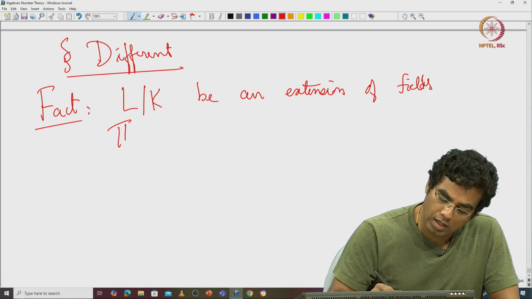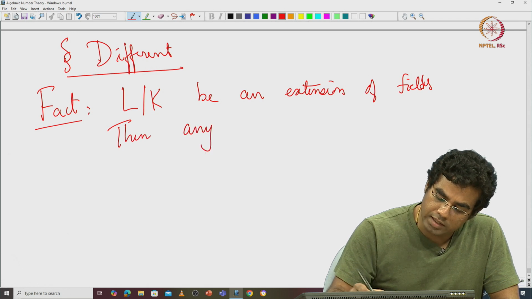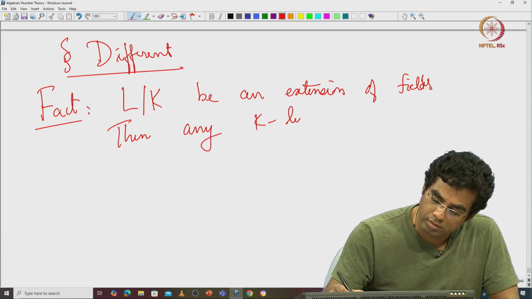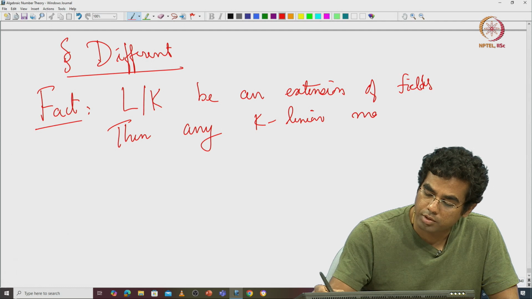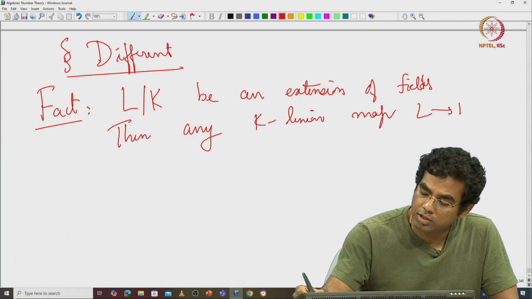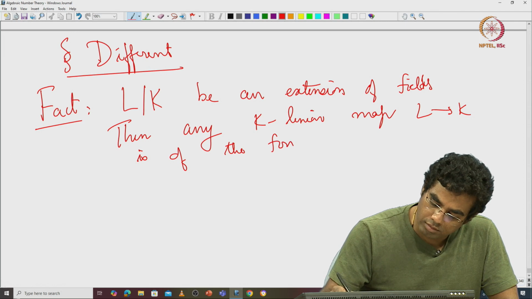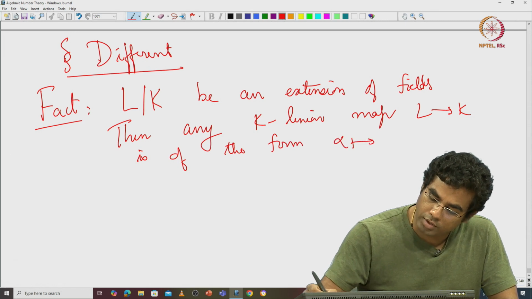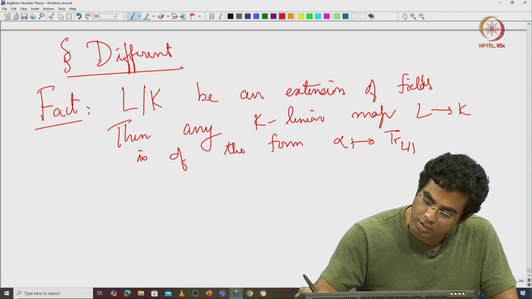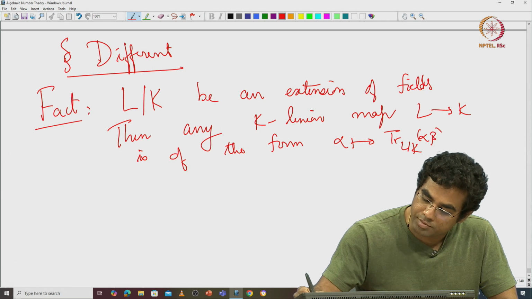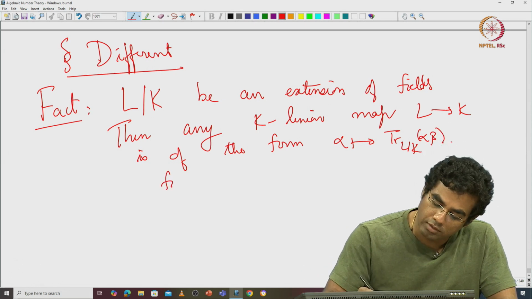Then any K-linear map from L to K is of the form alpha going to trace from L to K of alpha times beta, for a fixed beta.